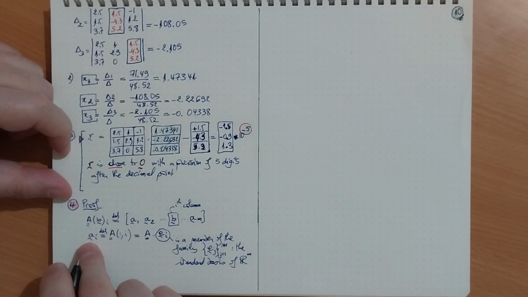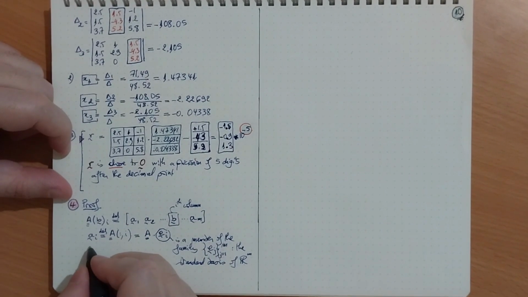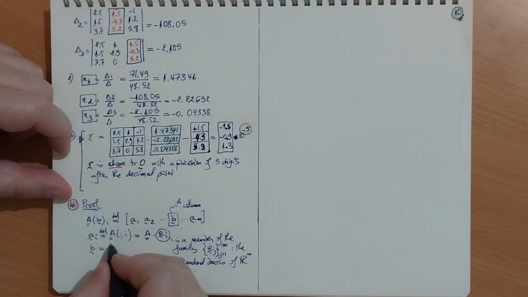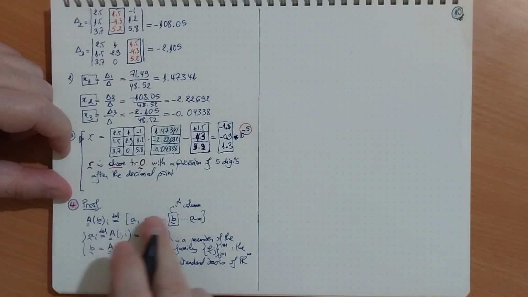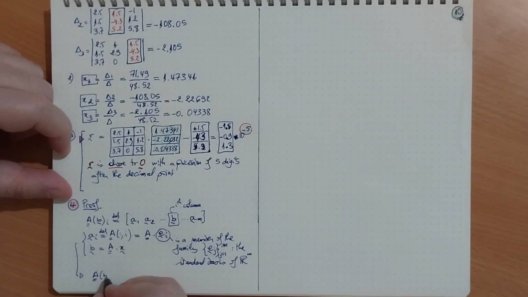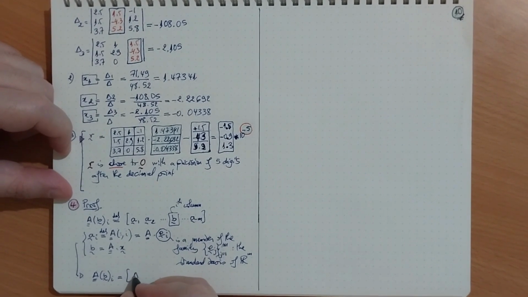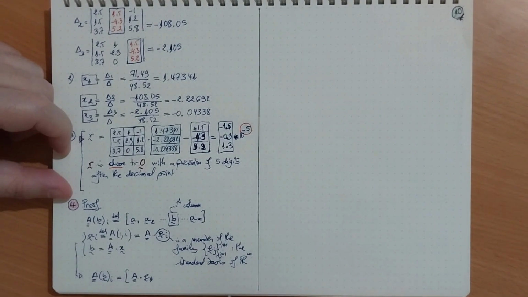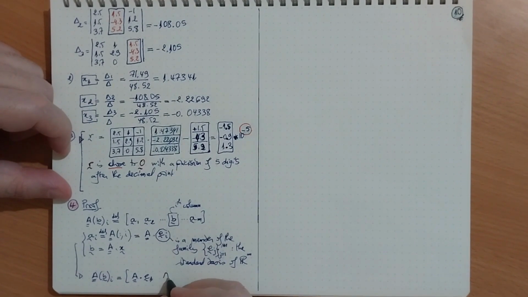So we get AI. And the second thing, the vector B, is the image of X. So using these two facts, we replace them here. And we get the matrix ABI becomes A with E1, the first vector of the standard basis, and then A with E2.